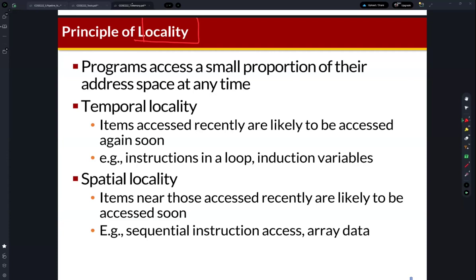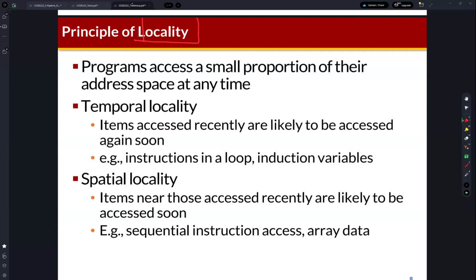So then you can think like this. If data is frequently found in the smaller memory, then we can increase the performance, right? If we use a certain data infrequently, then this data can be found in the slow memory.